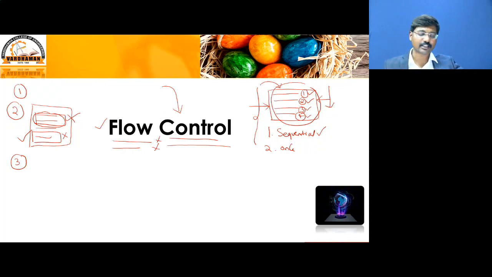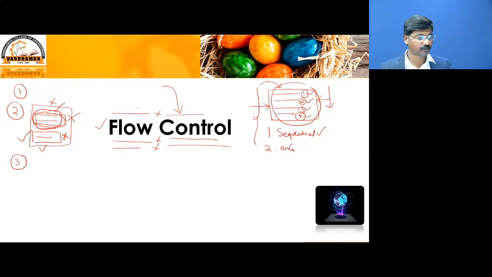Flow control tells how to execute the program. Depending on the condition, I can execute a block of statements 100 times. In some situations I can execute the first block of statements, skipping the second block. On the other hand, I can execute the second block, skipping the first block. In such a scenario, the traditional approach will not suit. I have to work with flow control statements.